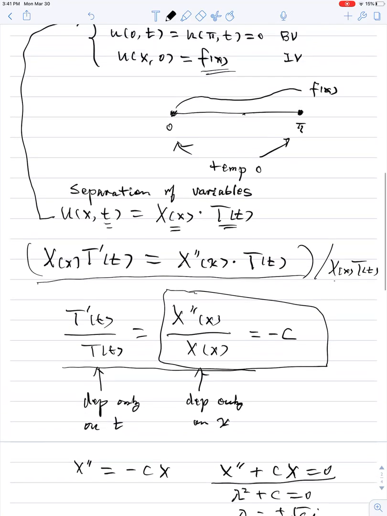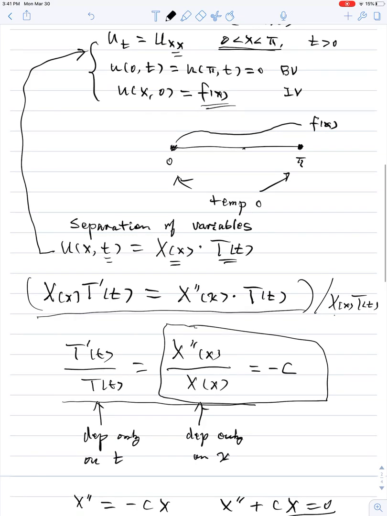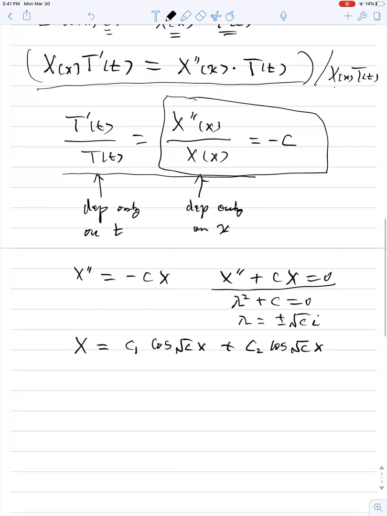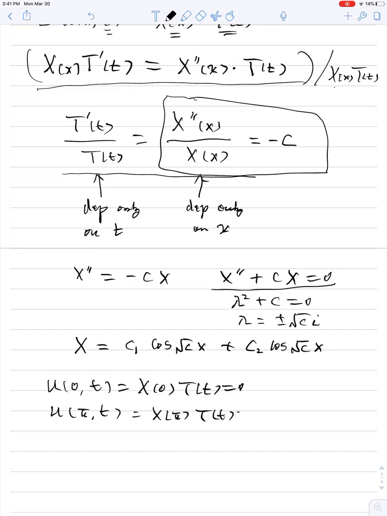Now we come back to look at the solution that would also satisfy the boundary conditions. The boundary conditions are u_x(0,t) = X'(0)T(t) equals 0, and u_x(pi,t) = X'(pi)T(t) equals 0.